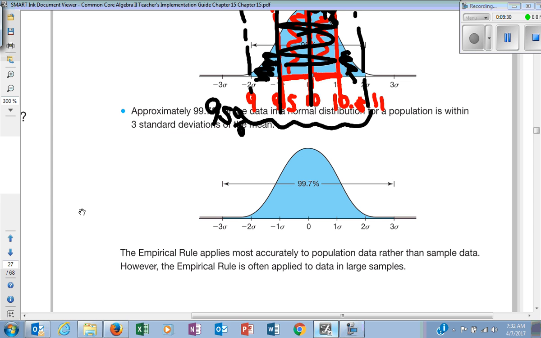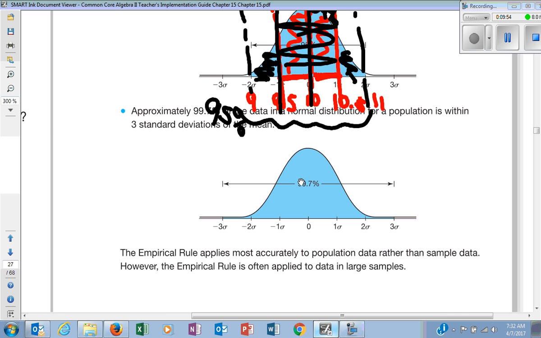Now, when we go over 3 standard deviations, how much of the data is included? 99.7%. Because is there a possibility of crazy outliers with almost any data set that we get? Yes.